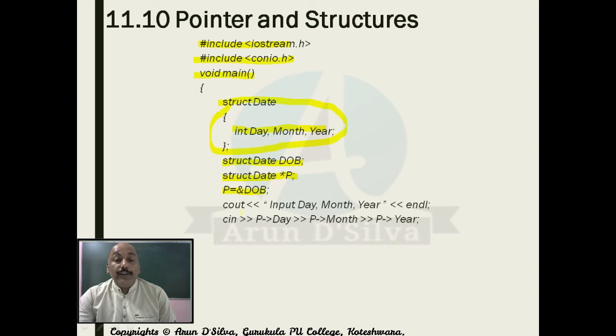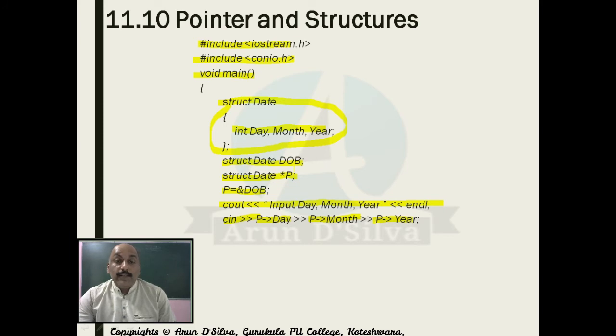Now I wanted to read the data. How can I read the data? See, cout input day, month, and year. Now you are seeing p arrow day, p arrow month, p arrow year I am using. This means p is a pointer variable, and day is a member of p, month is a member of p, year is a member of p.